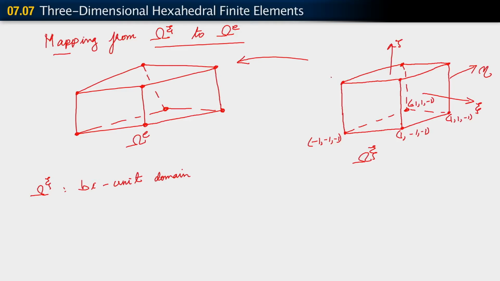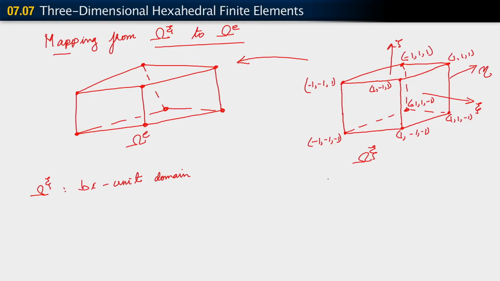Okay, on the top surface, this is -1, -1, 1. This point here is 1, -1, 1. This is 1, 1, 1. And this point here is -1, 1, 1.